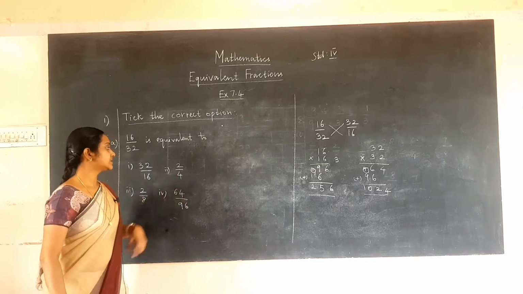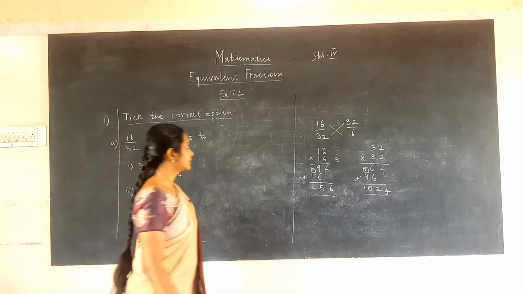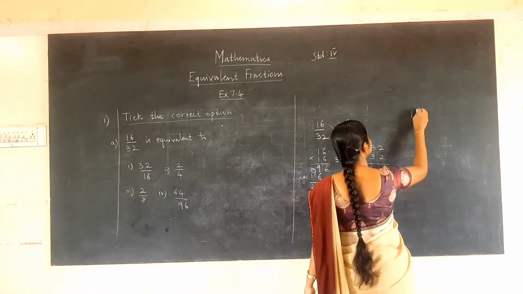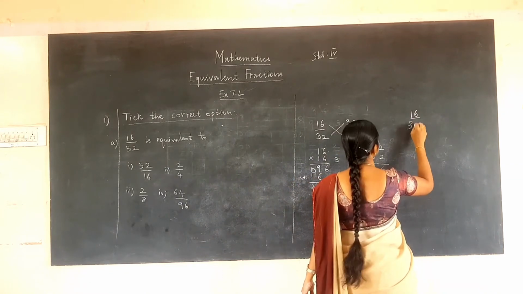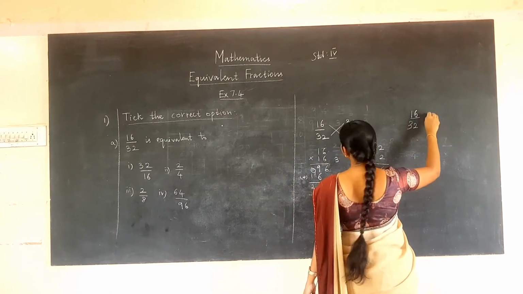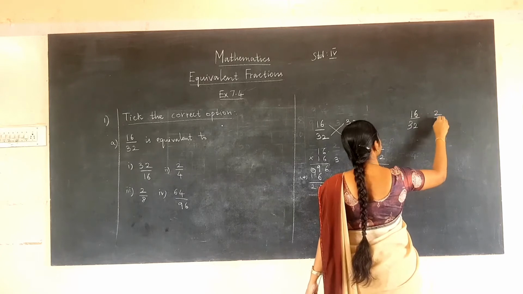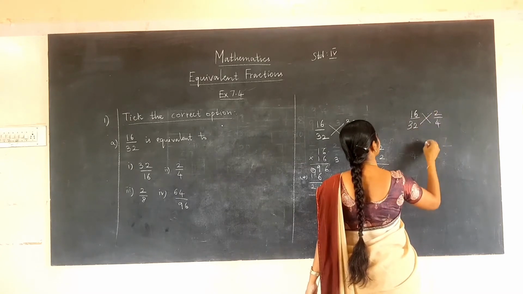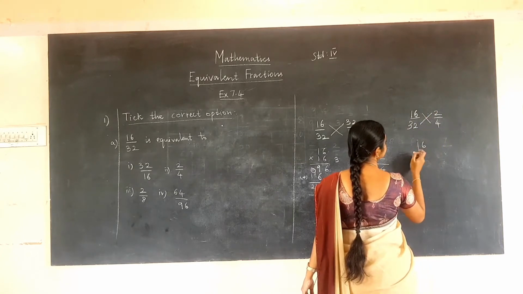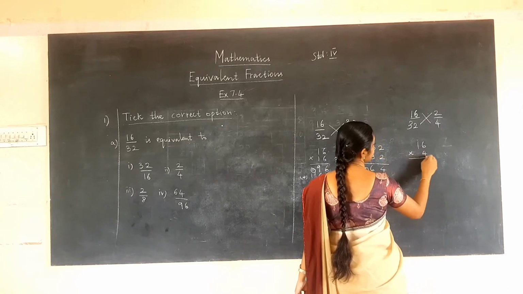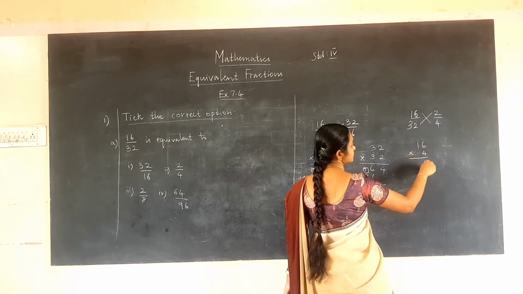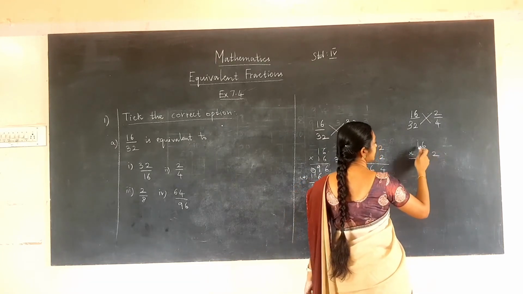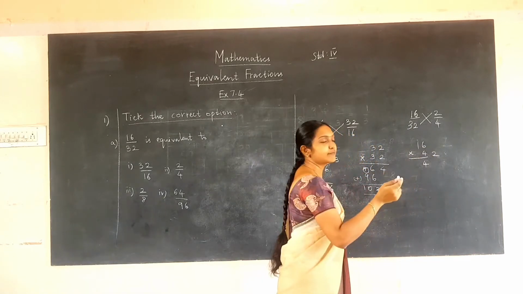Next we are going to consider 2 by 4. So cross multiply 16 by 32 with 2 by 4. First multiply 16 into 4. 6 4s are 24. So write 4 here and 2 is remaining. 1 4 is 4. 4 plus 2 is 6.